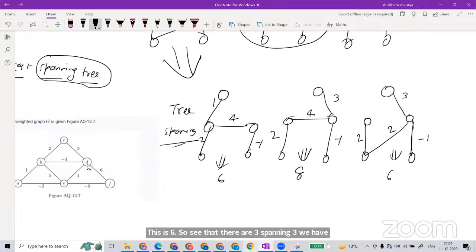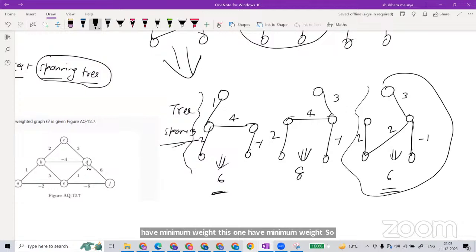So what is the minimum cost spanning tree going to be? The one which has the minimum weight. So this one has the minimum weight, and this one has the minimum weight. So these two spanning trees you can say are minimum cost spanning trees.